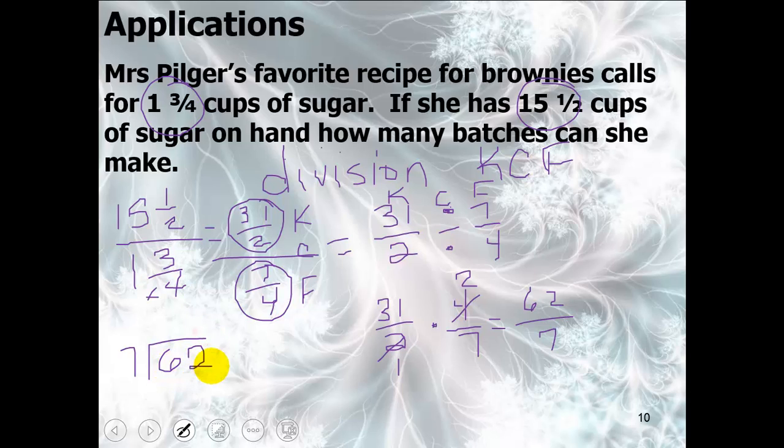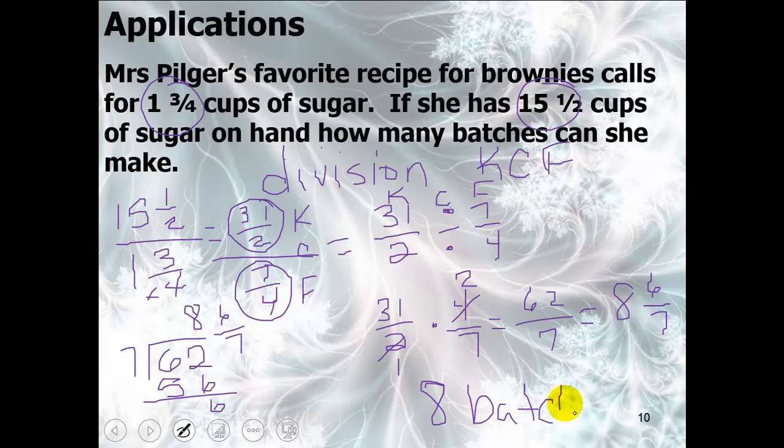And I get 8 6/7. So from a pure mathematical standpoint, she can make 8 batches of brownies with the sugar she has on hand. If she needs more than 8 batches, then she's going to have to go buy some more supplies.